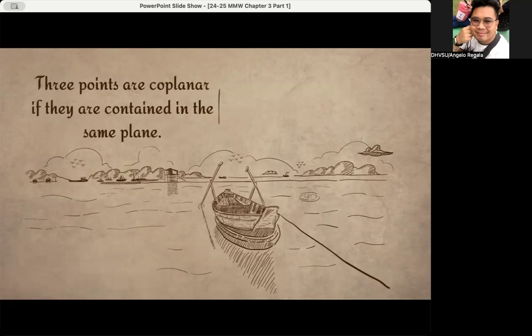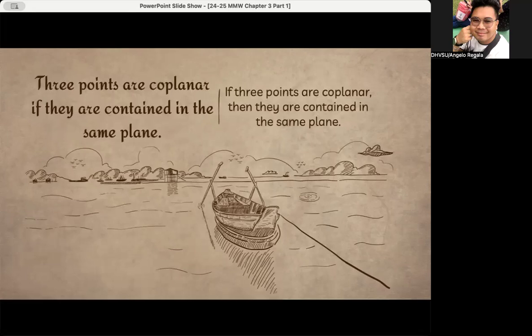Next one. Three points are coplanar if they are contained in the same plane. So yung tatlong points daw ay tinatawag nating coplanar kung nasa loob sila ng isang figure or isang shape. So if three points are coplanar, then they are contained in the same plane.